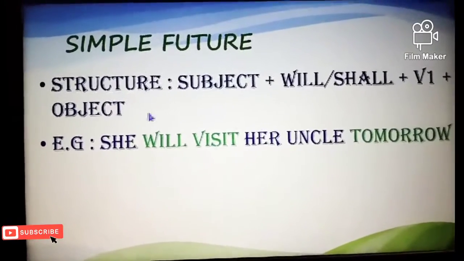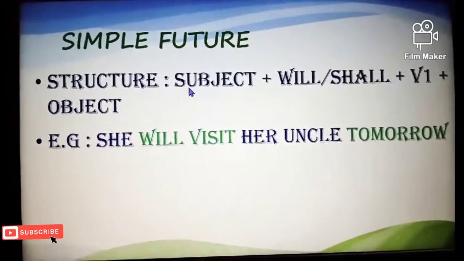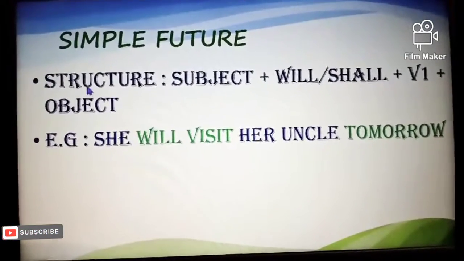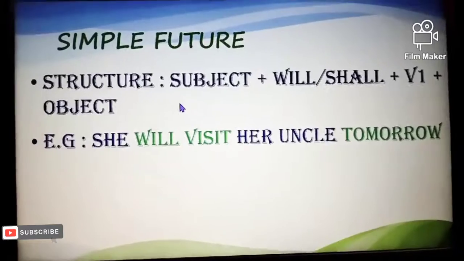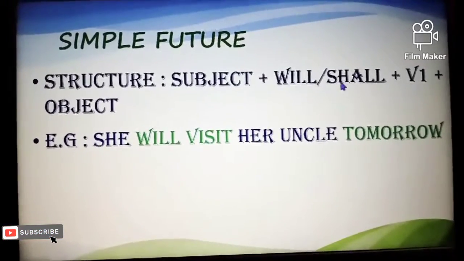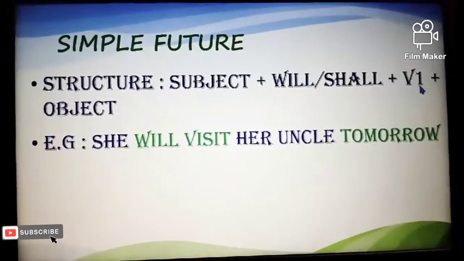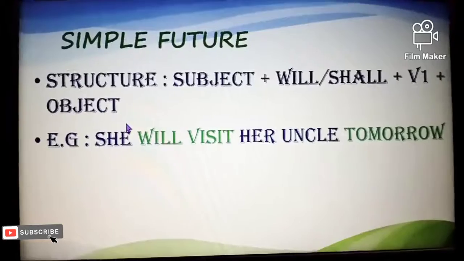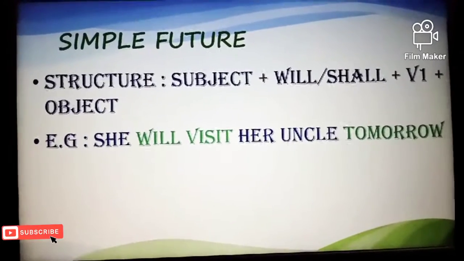Here is the structure of simple future tense that will help you to make sentences using this tense. The structure is subject plus will or shall plus V1 form of the verb plus object or complement, if any. So that is the structure.